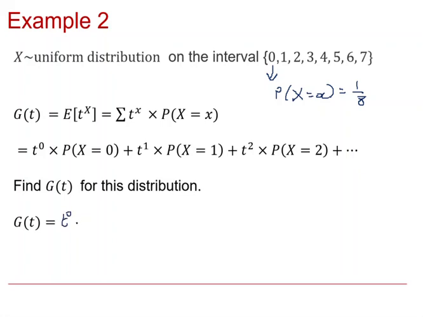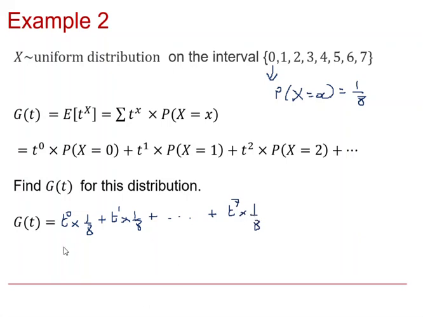So the first term in our generating function is t to the 0 multiplied by the probability of 0, t to the 1 multiplied by the probability of getting 1, etc., until we have the last outcome, x is 7, t to the 7 multiplied by the probability that x takes the value 7.